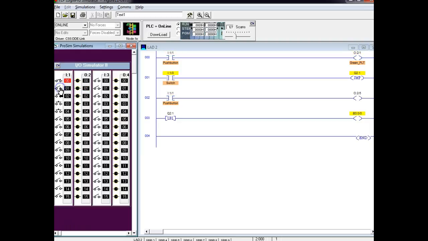Now, as soon as I turn off the jump, I don't jump anymore, then the output comes true. Now I'm jumping over it, I can come over here and change this, and notice what the output's doing. It stays in the last state, because we're jumping over that input, or that rung.